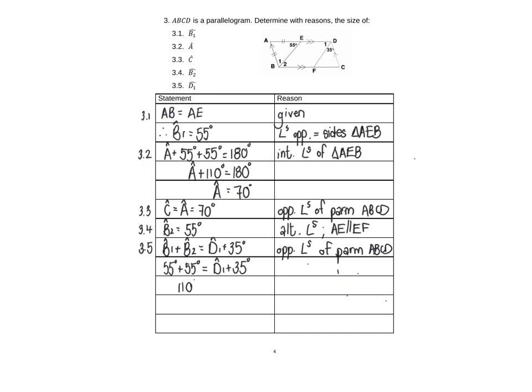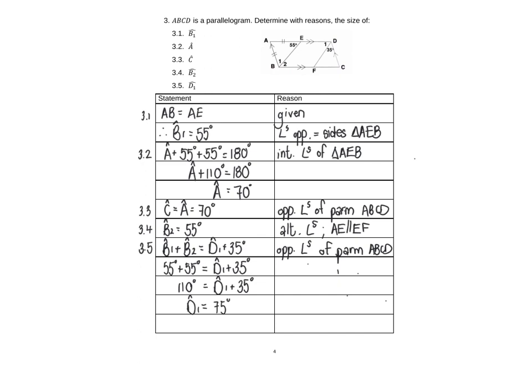So 110 degrees is equal to D1 plus 35 degrees. Then we isolate D1 by subtracting 35 from each side of the equation. And so your angle D1 has the size of 75 degrees.